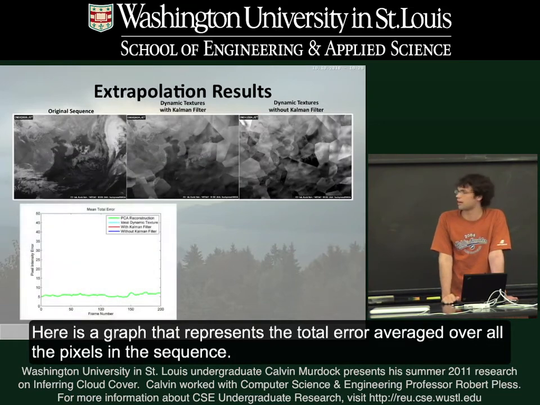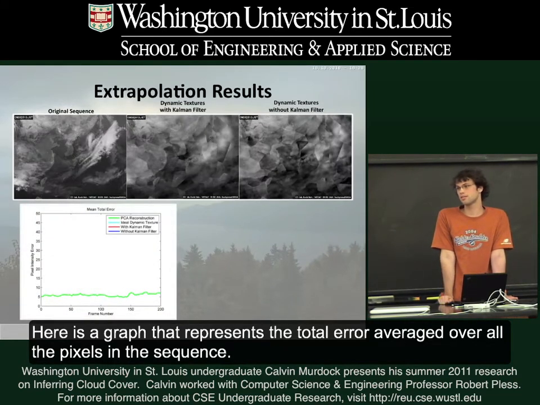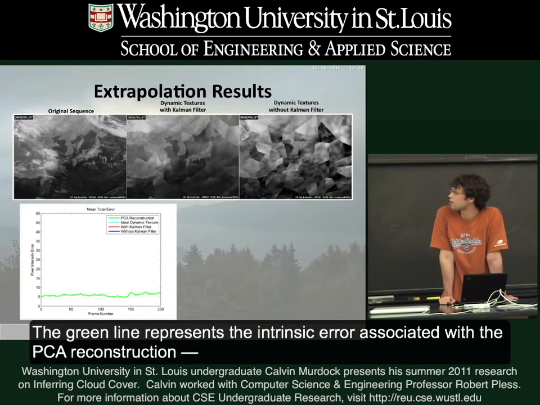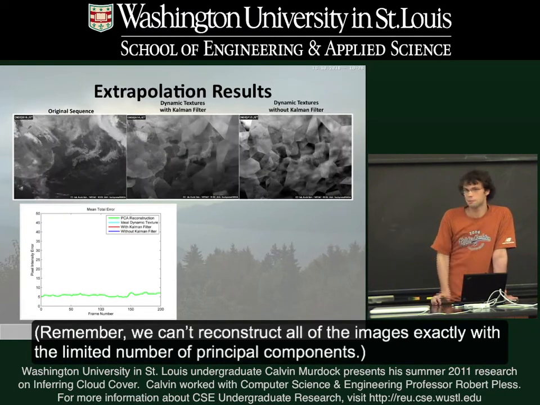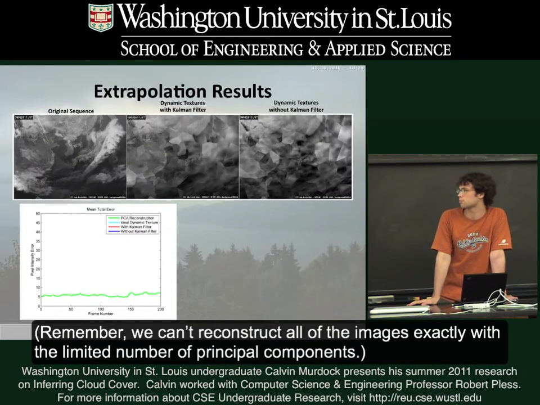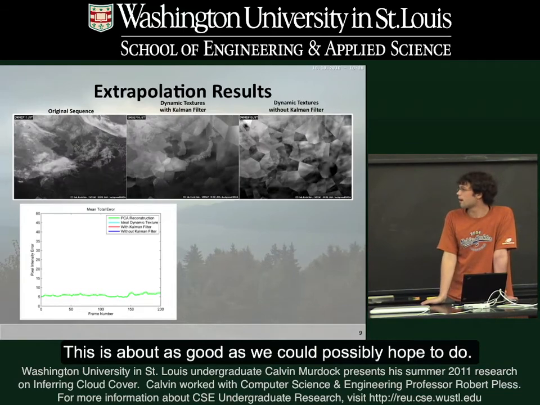Furthermore, we can show a graph that represents the total error averaged over all the pixels in the sequence. The green line represents the intrinsic error that's associated with PCA reconstruction. Remember, we can't reconstruct all of the images exactly with the limited number of physical components, so this is about as good as we could possibly hope to do.